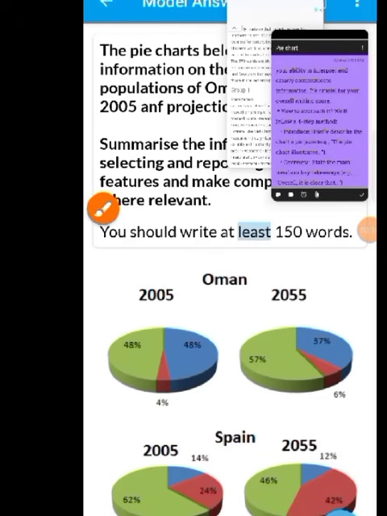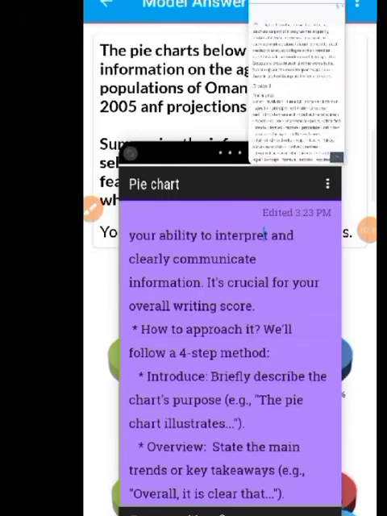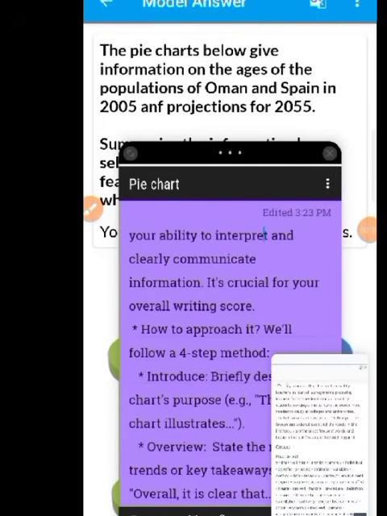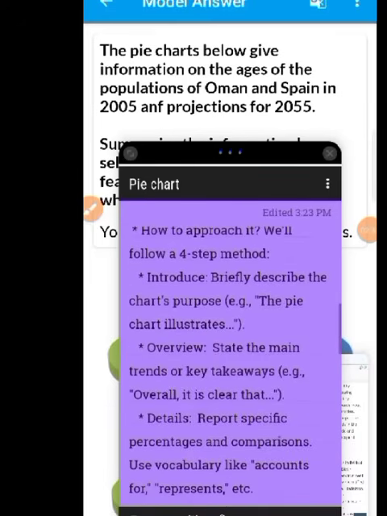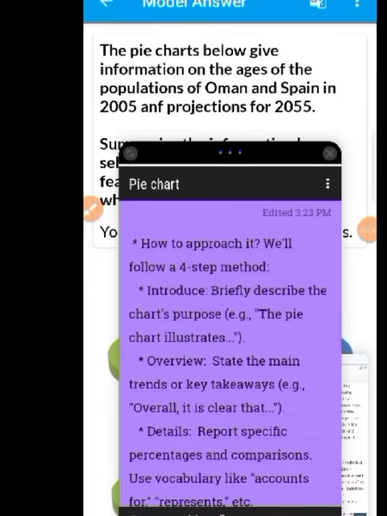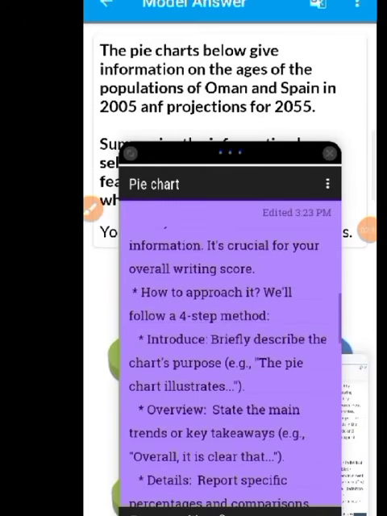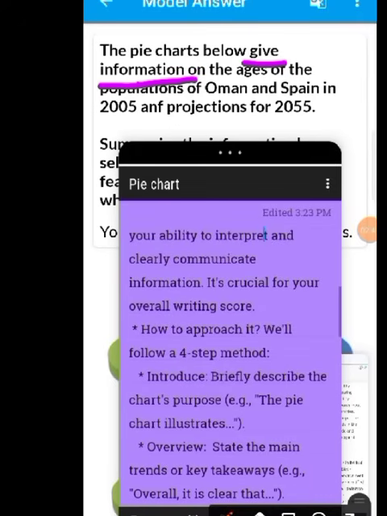But the first thing that comes first is to briefly describe the chart's purpose. The pie chart illustrates. So, the pie charts below give information. Here, the words give information, you have to understand it.